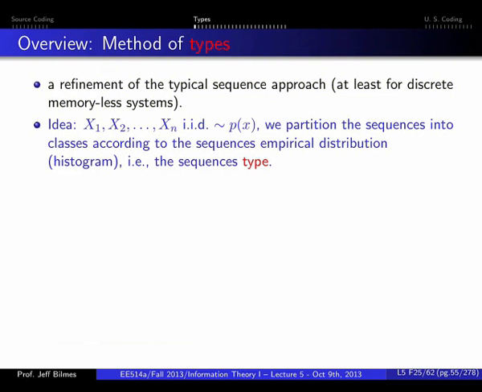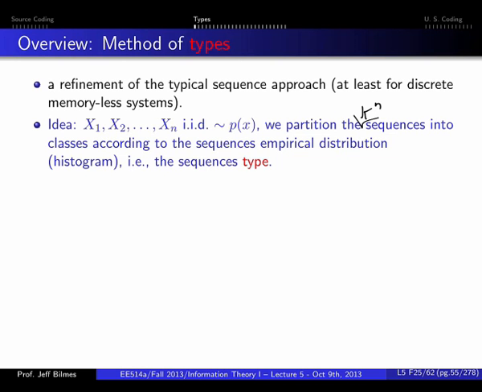Okay. So what we're going to do is we have, again, n IID random variables, the same setup. k is our alphabet size, so there are k to the n possible outcomes of this sequence, and we partition the k to the n sequences according to the sequence's empirical distribution, namely its type.